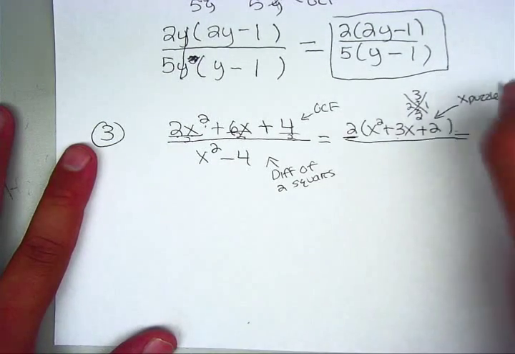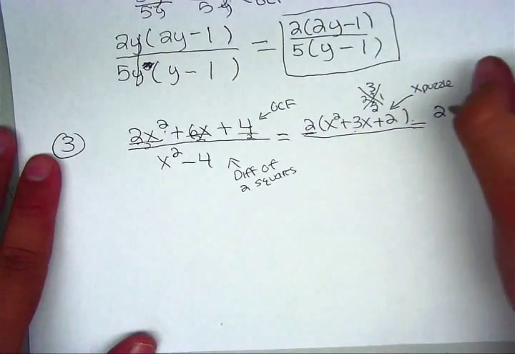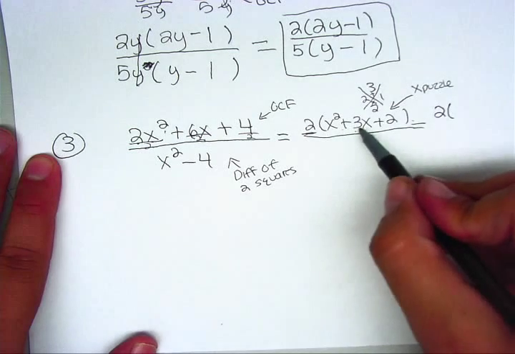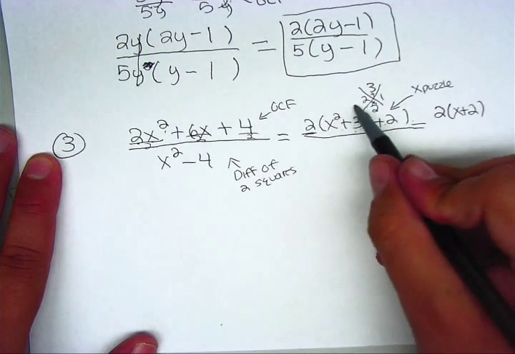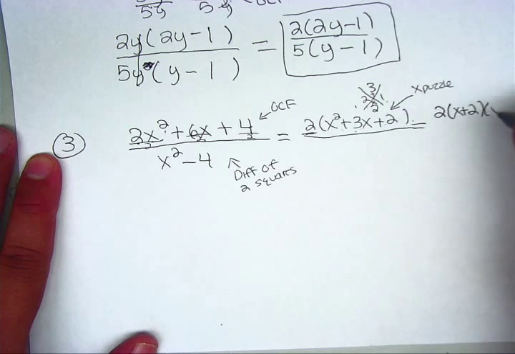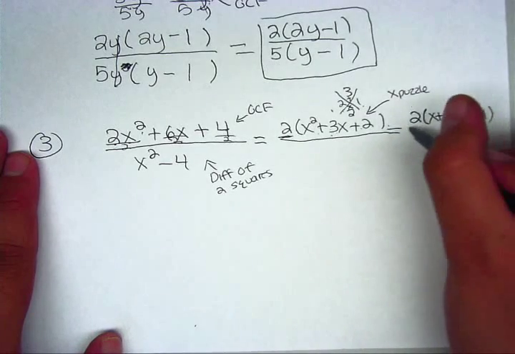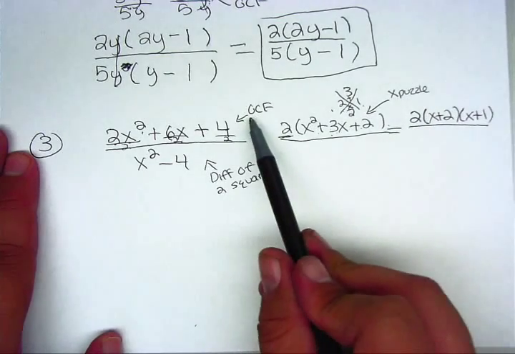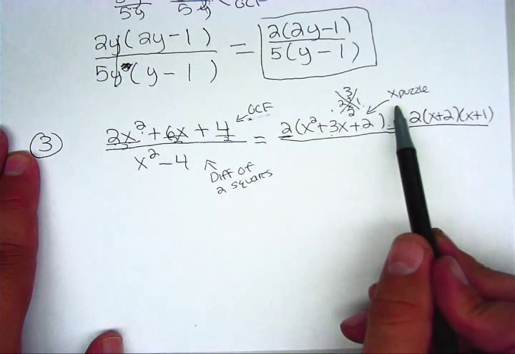The 2 stays out in front. But then I have x squared plus 3x plus 2 factors to x plus 2 and x plus 1. So as we see on top, we had to factor out by the GCF first, then do an X puzzle.